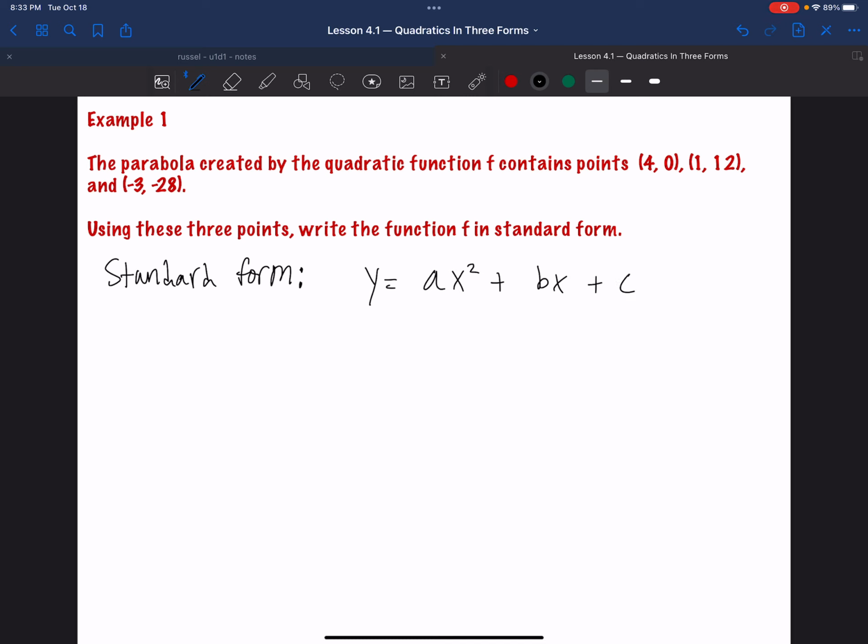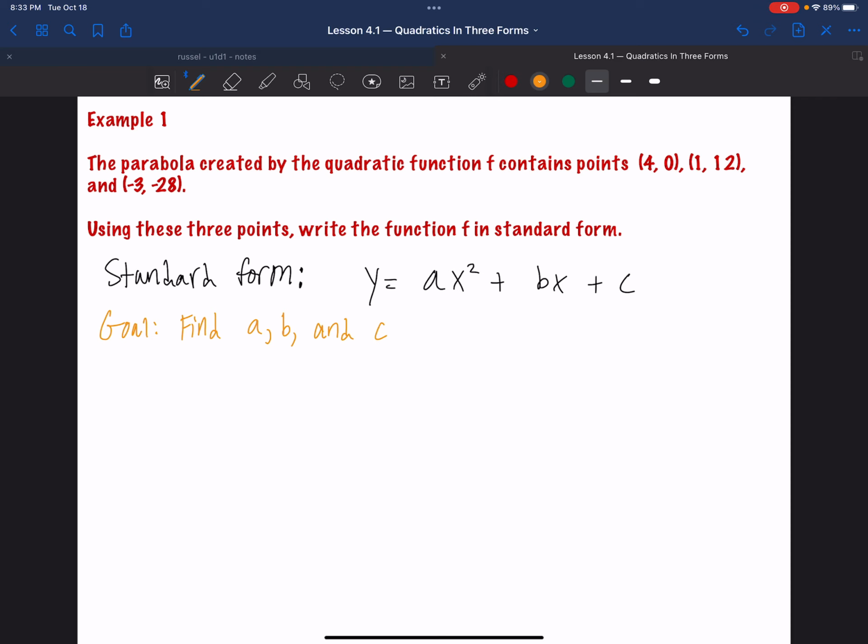That is standard form for a quadratic function. So we want to find a, b, and c. That's our goal. So I'm going to actually write that. I'll write that in yellow. Goal: find a, b, and c.